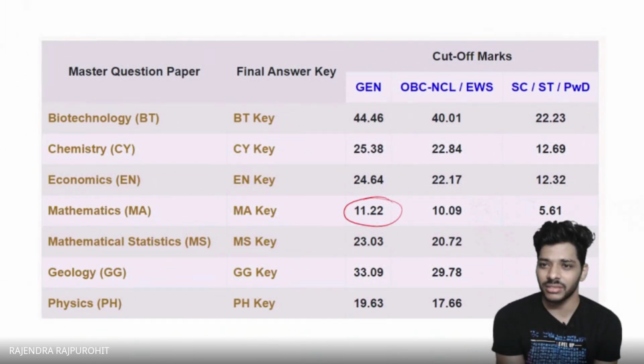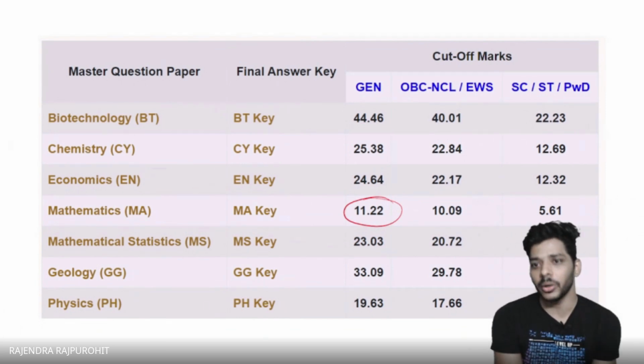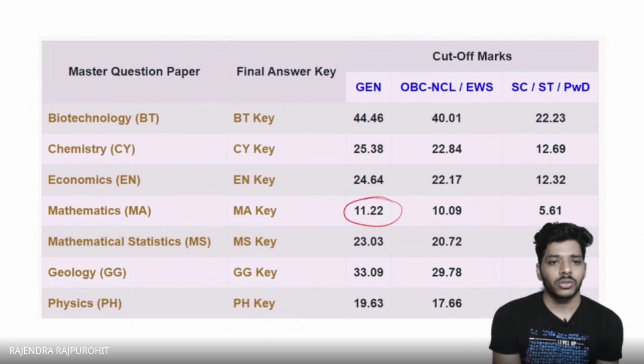Why not even 36%, which is the passing mark at university level? Why is the cutoff not even that? I think the paper was of a good level this time. Generally, the cutoffs are between 20 to 30 marks. I don't remember it ever going above 30 marks. So how do you start preparing for this exam?